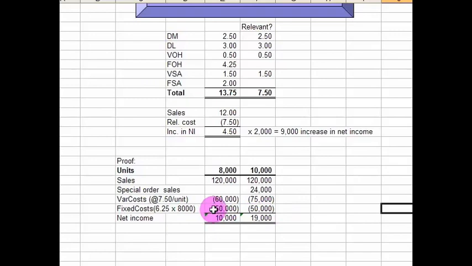So first you really need to go back to thinking about fixed costs non-unitized. They'd stay the same regardless of producing the 2,000 extra units. Net income for 10,000 units, $19,000, and you can see here our $9,000 increase in net income by accepting the special order.